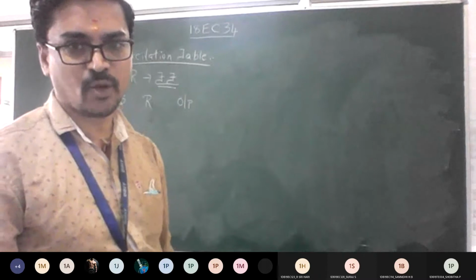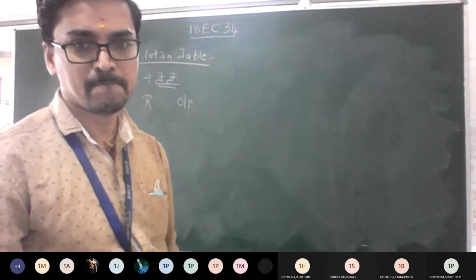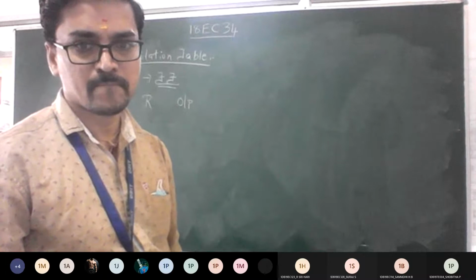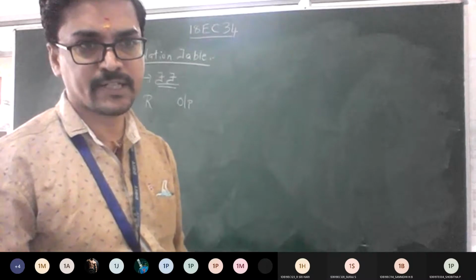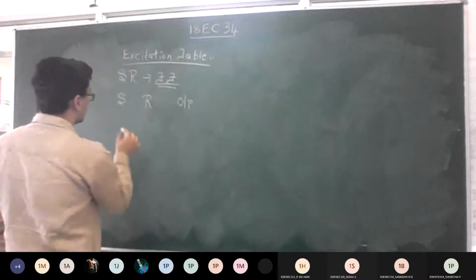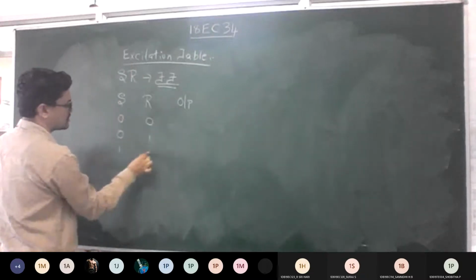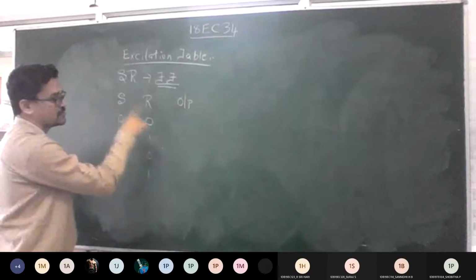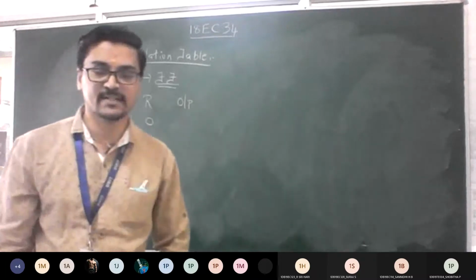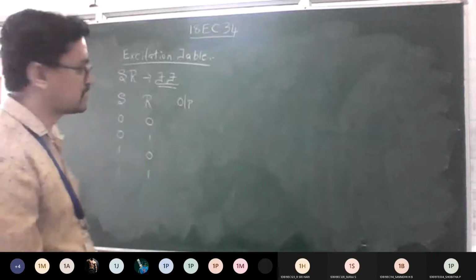If inputs are 2, how many combinations can you expect? 2 power n, so 4 combinations. The possibilities are 00, 01, 10, 11. S and R stand for set and reset. Now tell me what the output is.